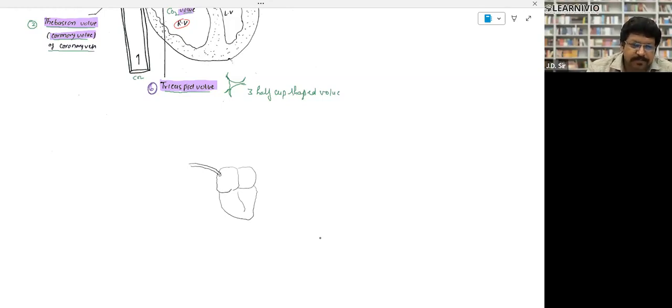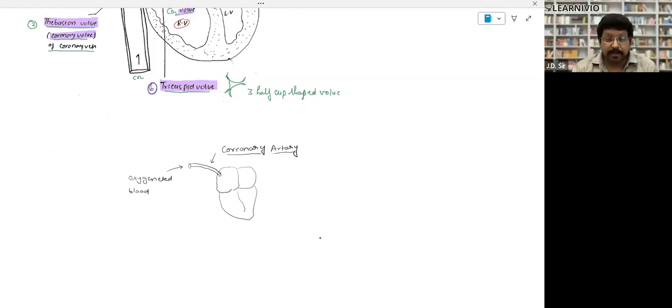Why does it require oxygenated blood? Because it is working. Its cells also need it. So oxygenated blood is provided to the heart by the coronary artery. This was the answer. So the coronary artery is an artery which provides oxygenated blood to the heart.